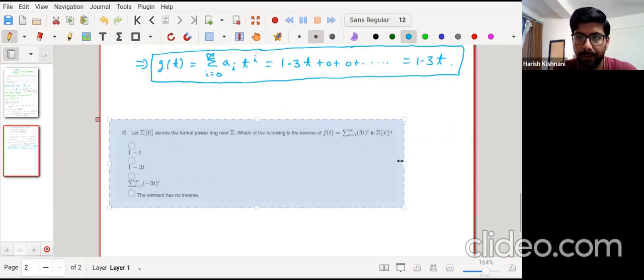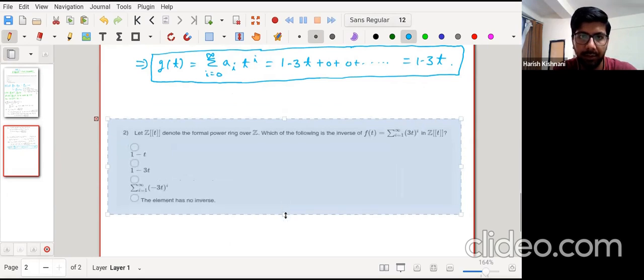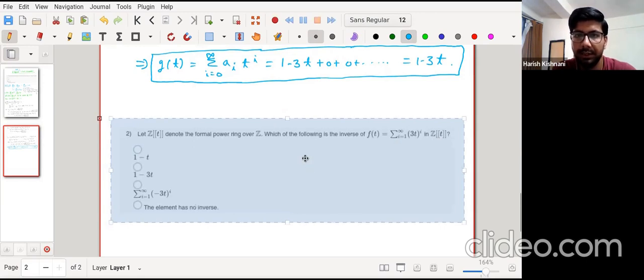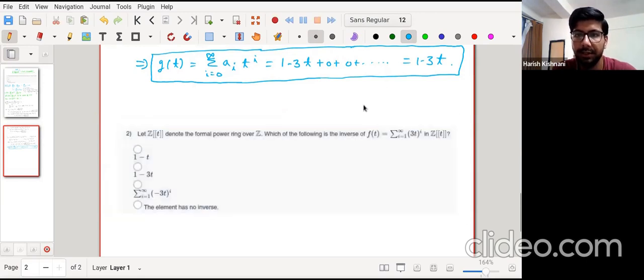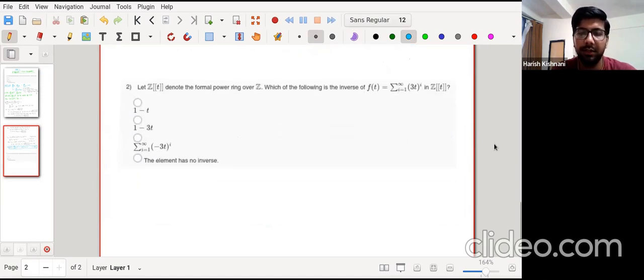So you can see this question. Let Zt denote the formal power series ring over Z. Which of the following is the inverse of Ft? The function has been changed slightly. Here the first coefficient is 0 and the series is the same. So now can you say something about whether the inverse exists or not?